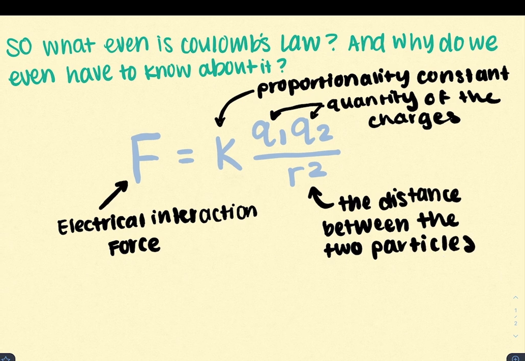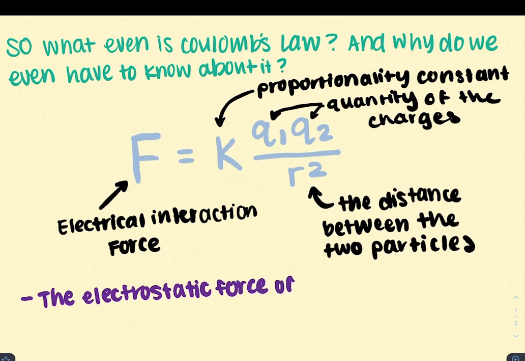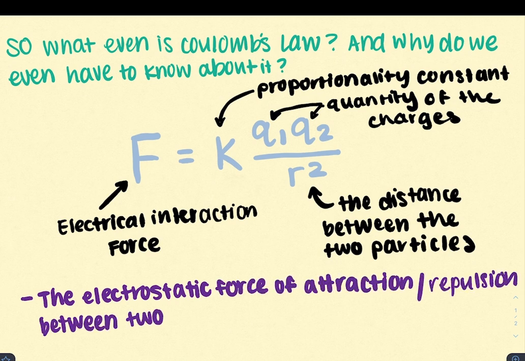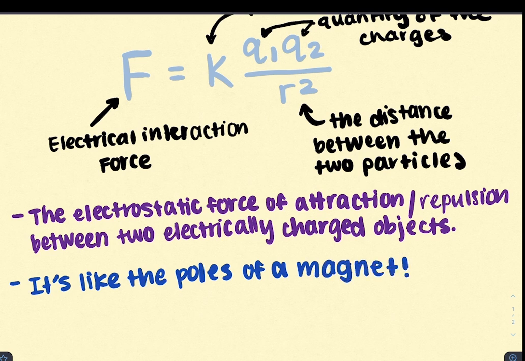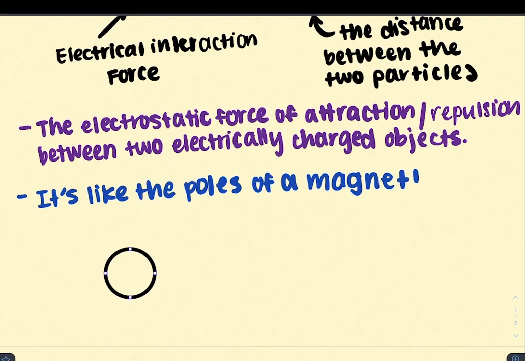Now that I've given you the equation to represent Coulomb's law, let me tell you the definition of it. It's the electrostatic force of attraction or repulsion between two electrically charged objects, and it's kind of like the poles of a magnet, because if you stick one North Pole to another North Pole, they're going to repel. Same if you stick the South Pole and the South Pole.